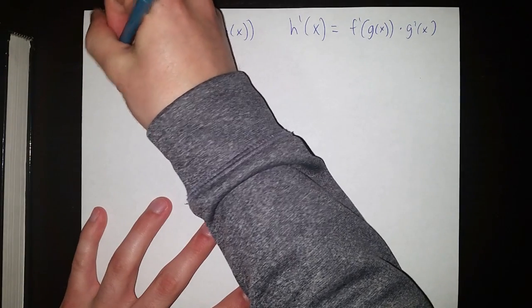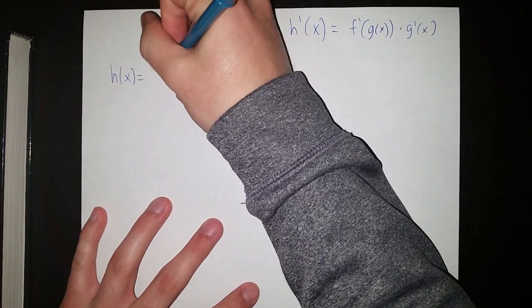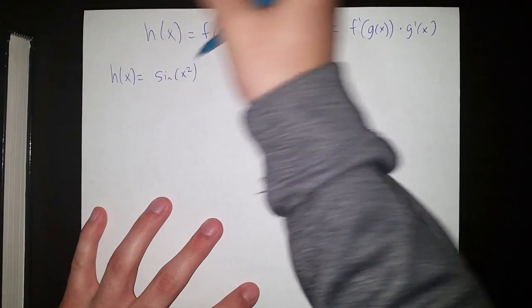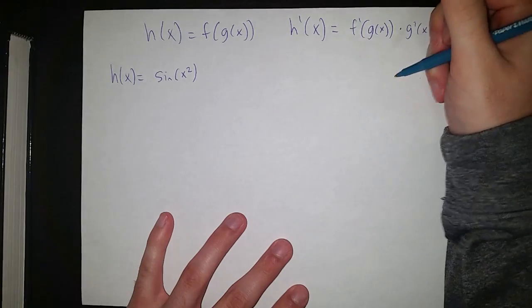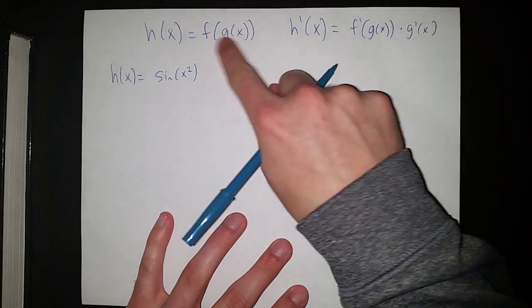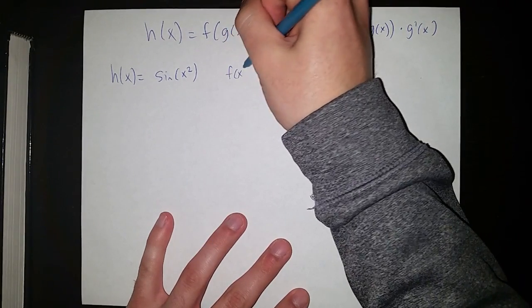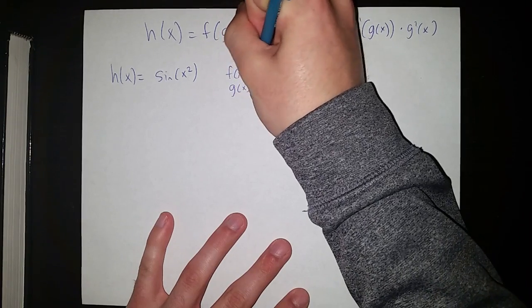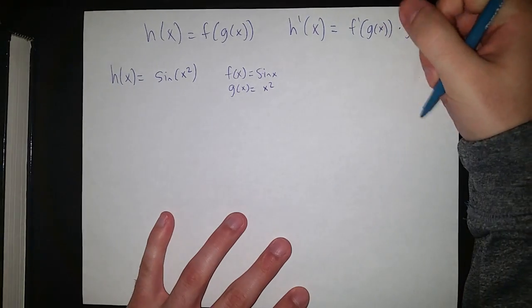All right, so let's let h of x equal sine of x squared. So what are our functions f and g? f of x equals sine of x, g of x equals x squared.